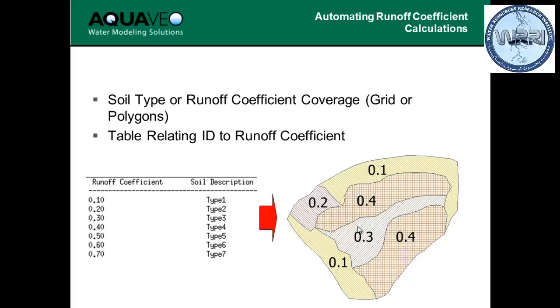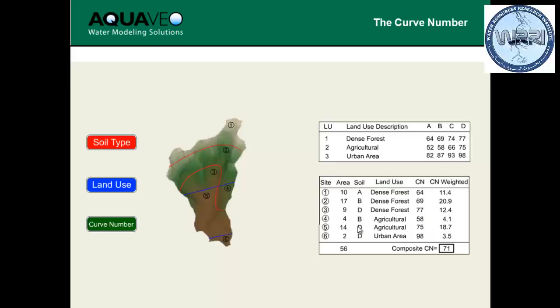It's Q equals CIA, where C is the runoff coefficient, I is the rainfall intensity, and A is the area. That's the rational method. It's a very simple equation used to compute the peak flow rate out of a watershed. You might not use it so much because it requires a lot of historical rainfall data.